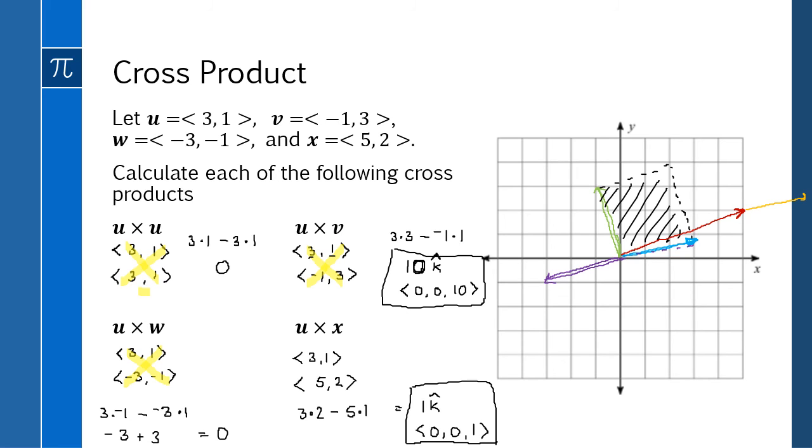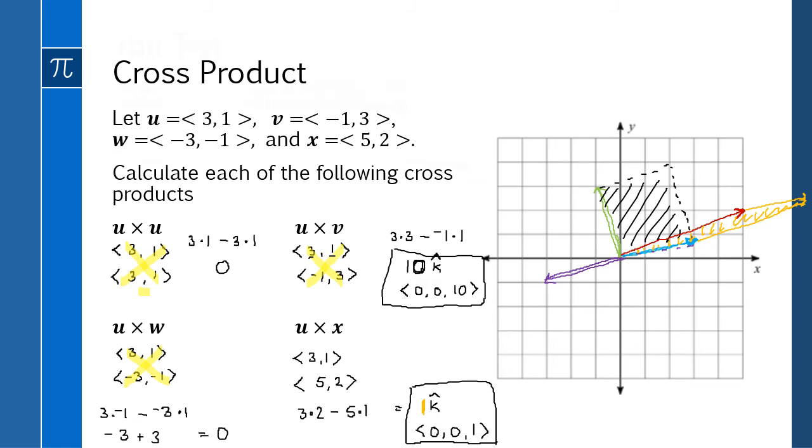It would look something like that. The area of this parallelogram is a very small amount of space, and that's why the cross product only has a magnitude of 1. So that's how to calculate two different types of vector multiplication, either the dot product or the cross product.